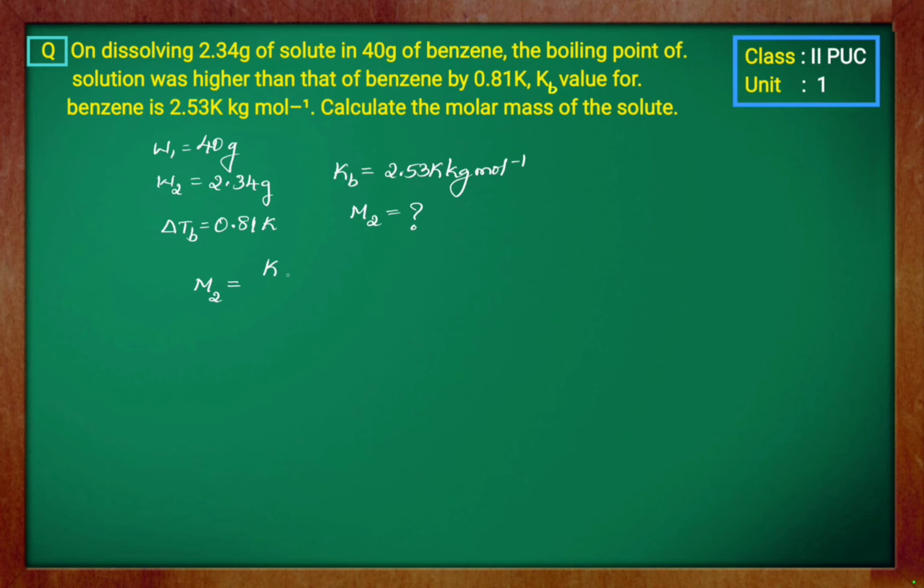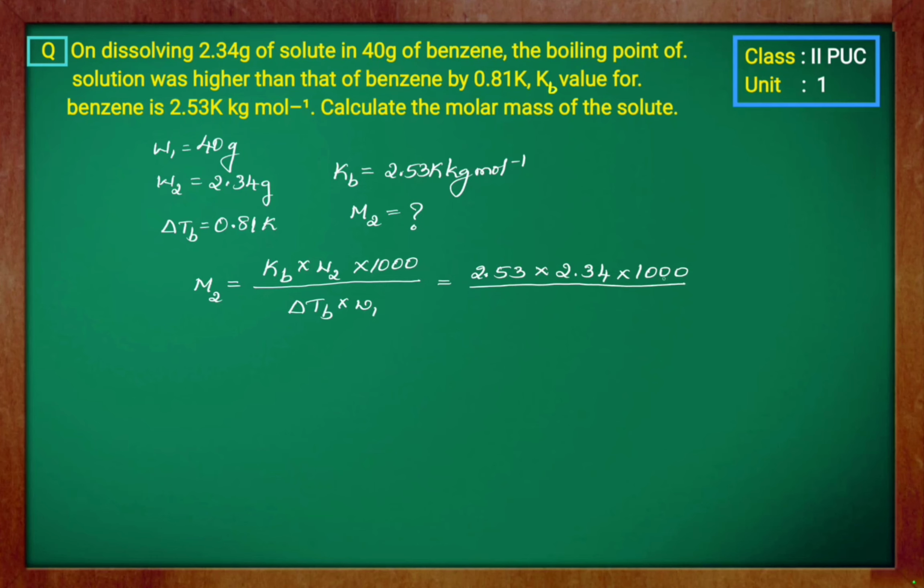The molar mass of solute M2 is equal to Kb into W2 into 1000 divided by delta TB into W1. Substituting all the values into the formula, Kb is 2.53 into W2 is 2.34 into 1000 divided by delta TB, which was 0.81 into W1, that is 40.